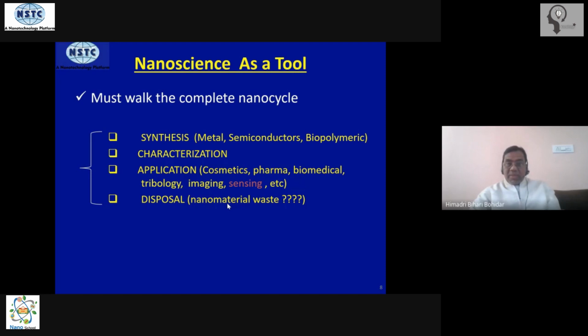Hence, it is required that the nanomaterials one deals with are green nanomaterials. Nowadays, there's a lot of emphasis on green nanomaterials, green nanoparticles, green nanotechnology. So in this presentation also, we'll try to keep the materials green, which are not toxic to the environment.